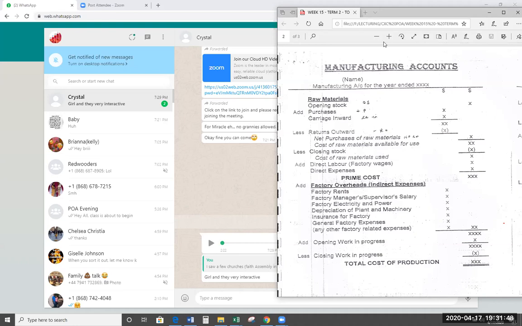So remember, I had mentioned in our earlier notes that there are 3 types of stock: raw materials, work in progress, and what's the next one again? The finished goods. Very good. But only 2 of those stocks are shown in our manufacturing account. What are those 2 types of stock?